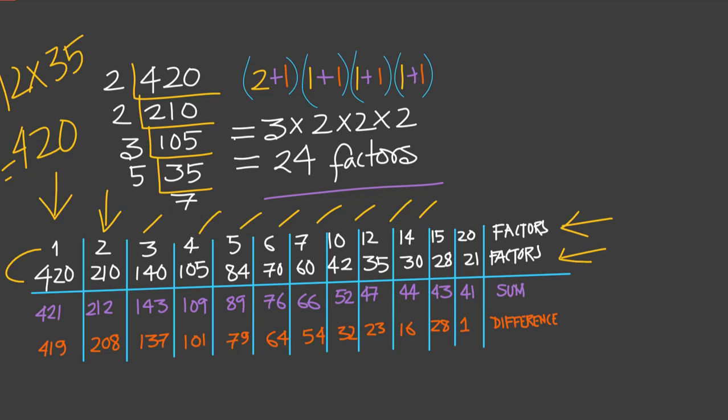Below, what I have done is I have taken the sum of this 1 and 420, which is equal to 421, and I have also taken the difference, which is equal to 419. Now why have I taken this sum and difference?